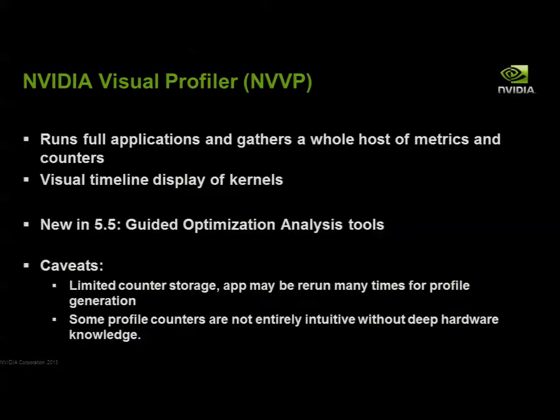It tells you how much time you're spending, how much you're utilizing your memory bandwidth, how much you're utilizing your compute resources. It can also pinpoint things like uncoalesced memory accesses. If you have bank conflicts, it can tell you those kinds of effects. So there's a lot of very detailed information that you can get from NVVP.